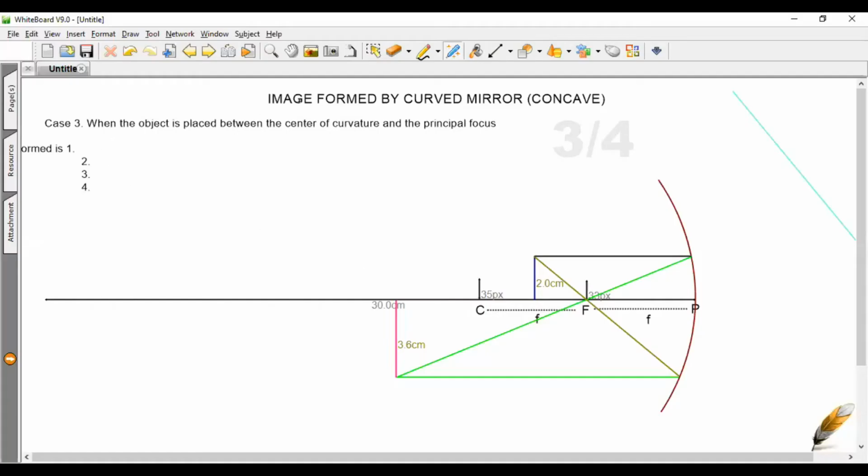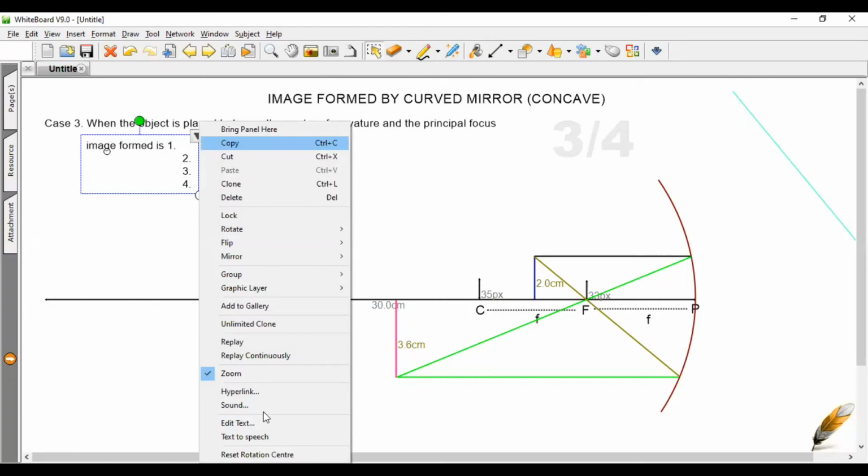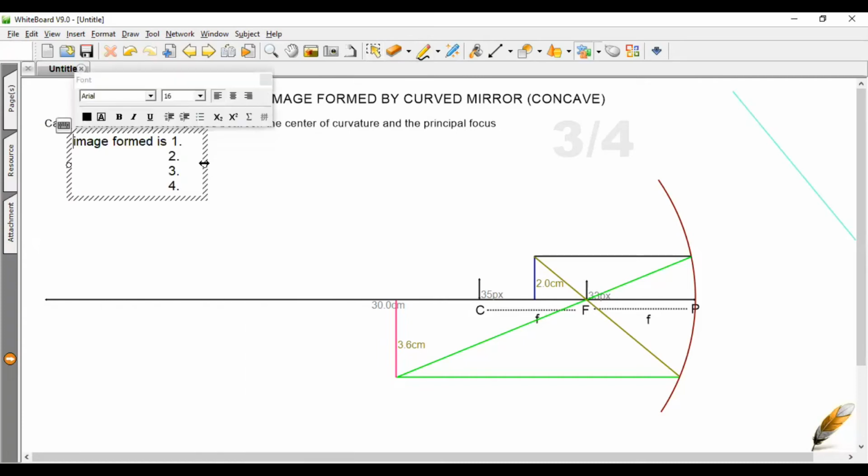So coming down back here, I can say that the image formed is, one, what is that? When the image is bigger than the object, I say that the image is magnified or enlarged.